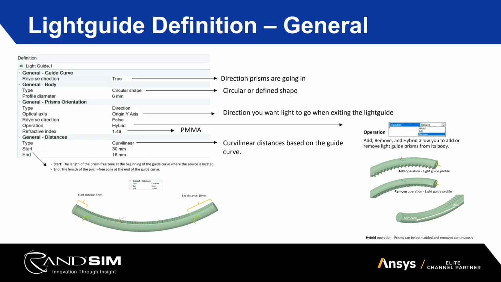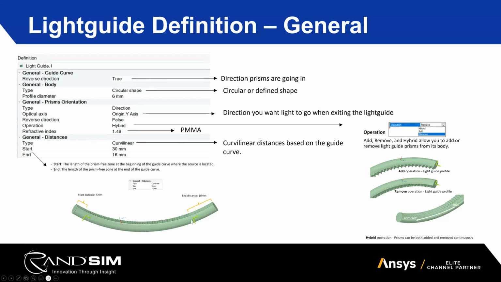And then actually, and this is what we're going to see in the demo as well, I might as well touch on it here. These yellow arrows that we see right here are going to be our indicator for the guide curve direction and our optical axis.